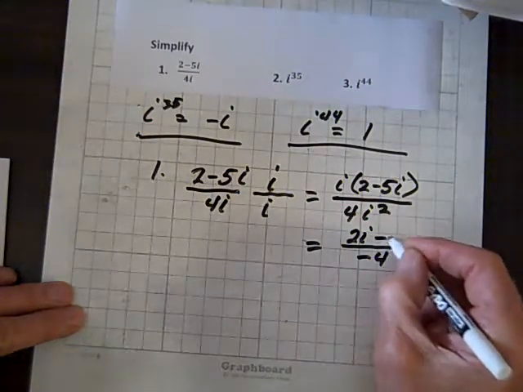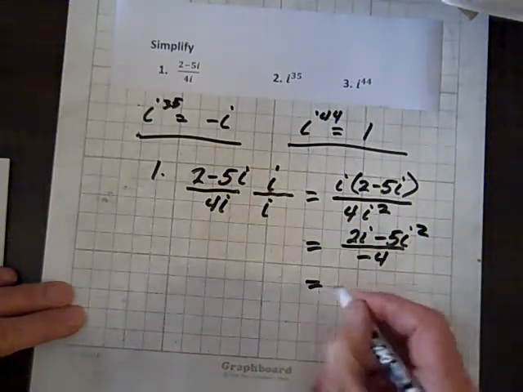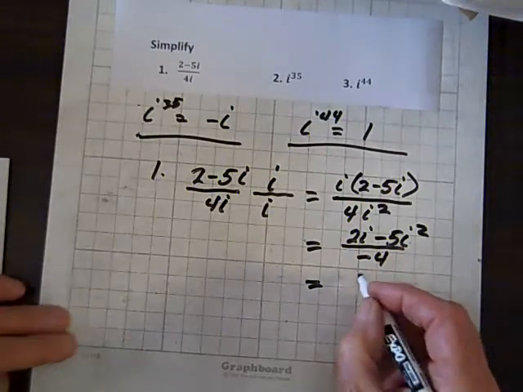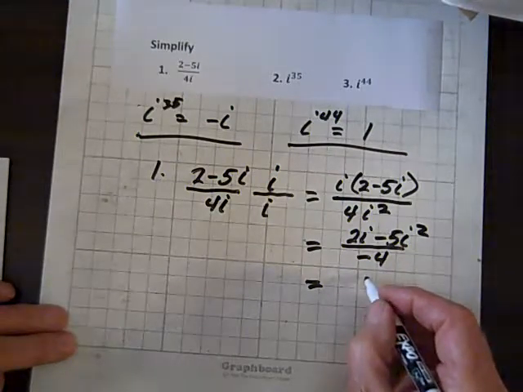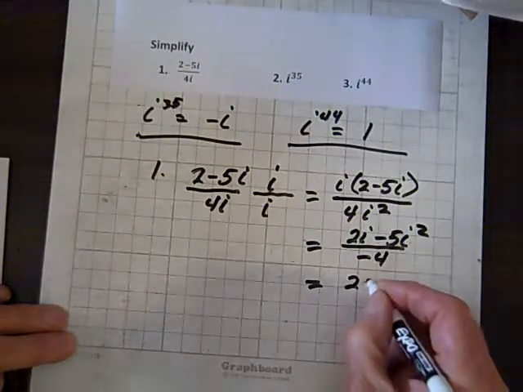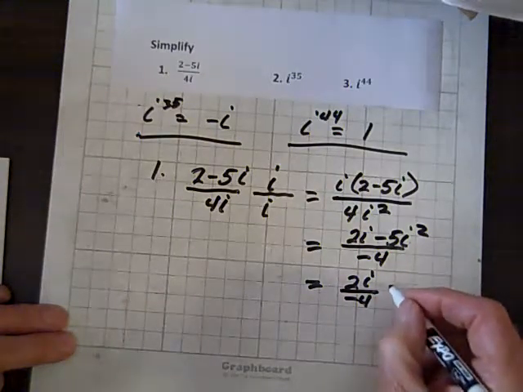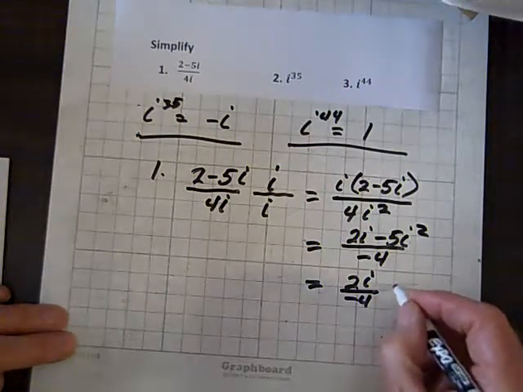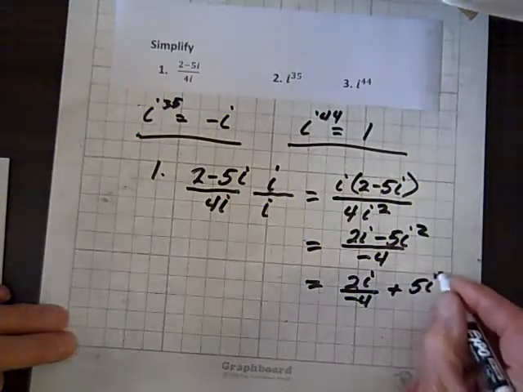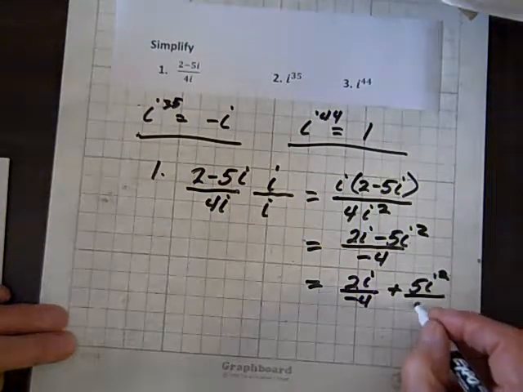And now we have 2i minus 5i squared. I'm going to have 2i over negative 4, and minus a minus, so that's going to be a plus, 5i squared over 4.